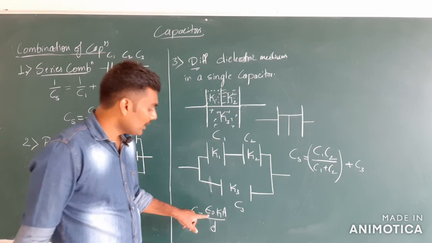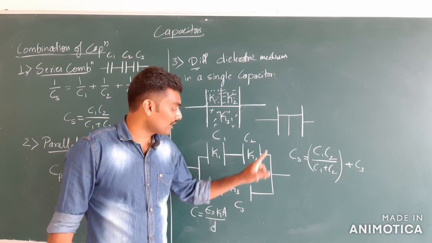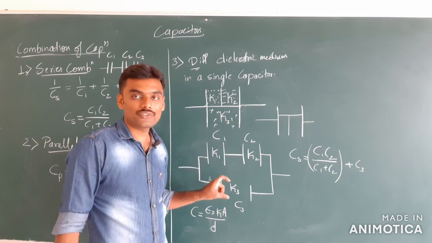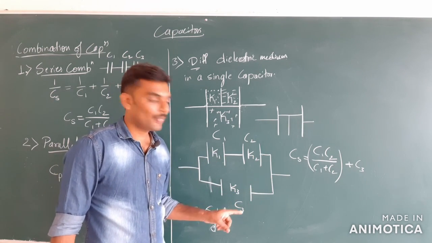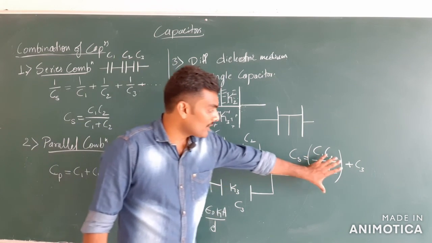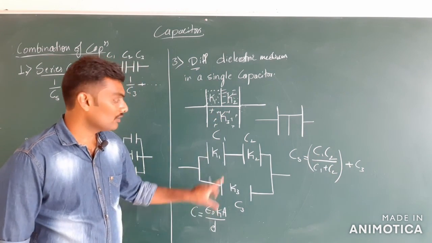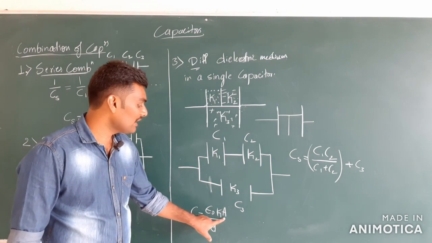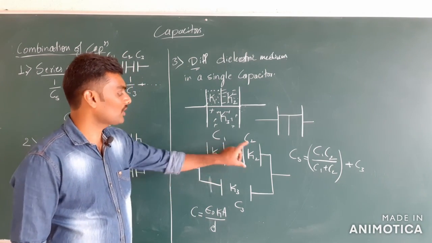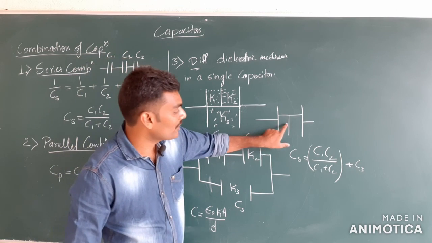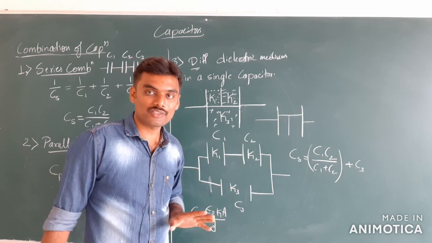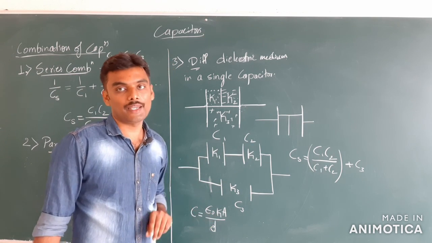Now, anyhow, epsilon naught is constant, A is also constant for all of them. So, epsilon naught and A can be taken out as a common factor. What remains inside is, see, for this combination, A is the same for all of them. But if the combination is like this, A will not be the same.